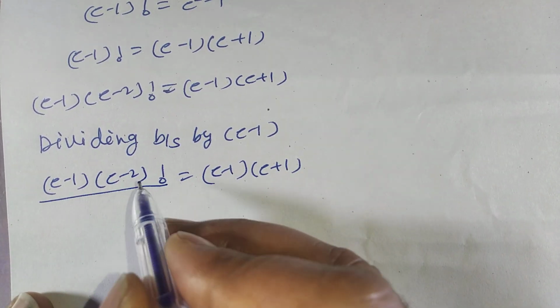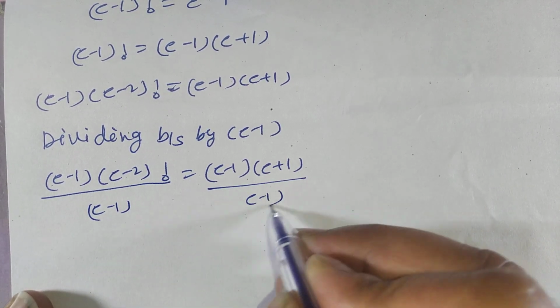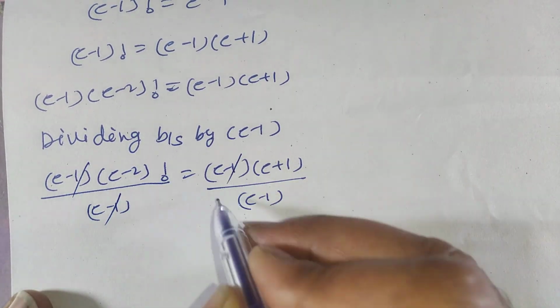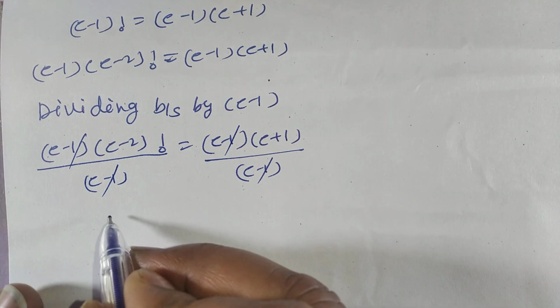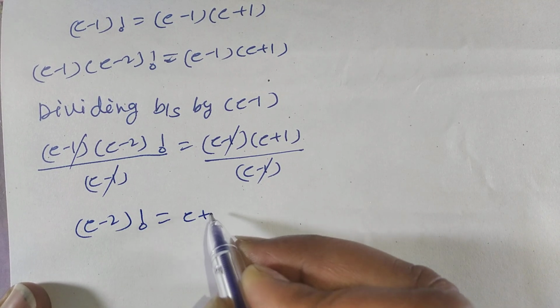Dividing both sides by c minus 1, this is cancelled and this is cancelled. Remaining factorial c minus 2 is equal to c plus 1.